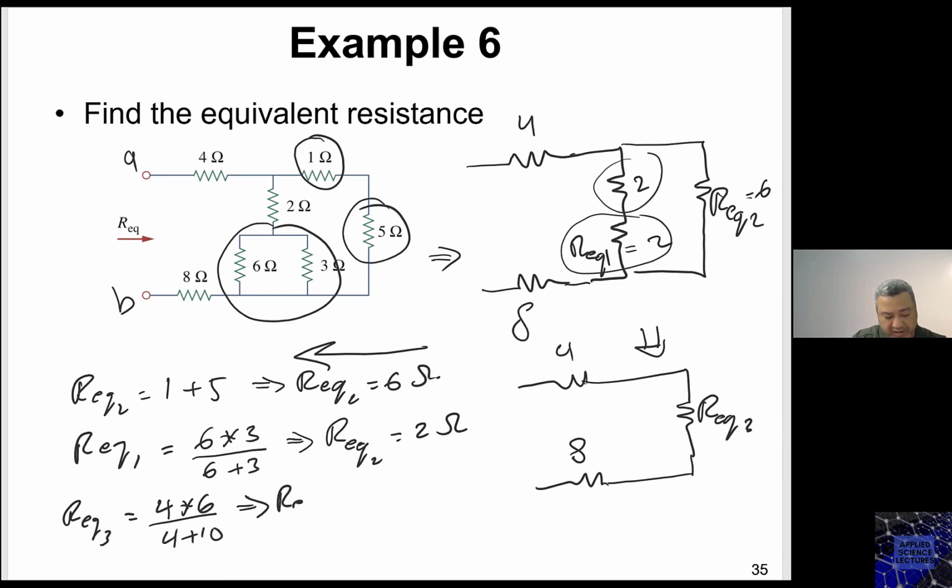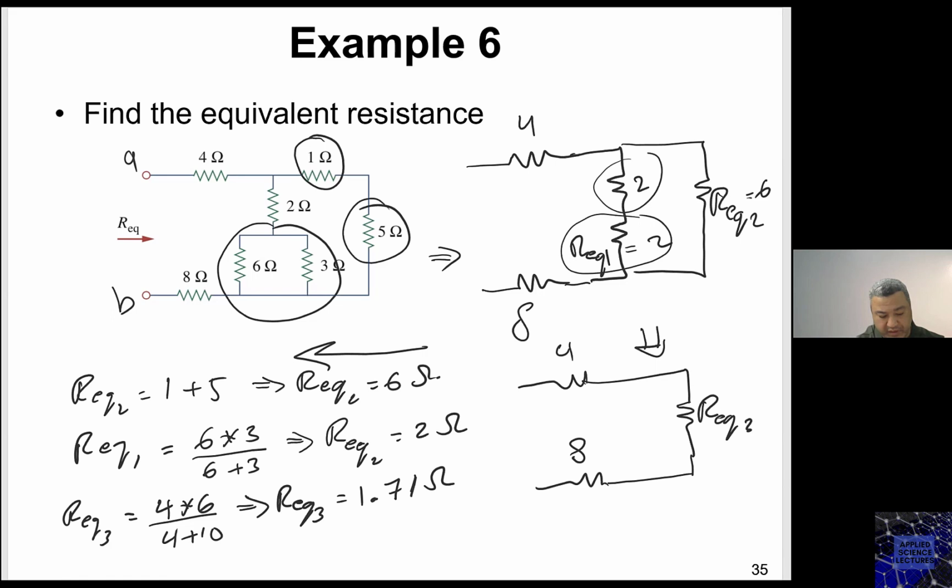And in this case, R equivalent 3 would be 24 divided by 10, which is 2.4 ohm.